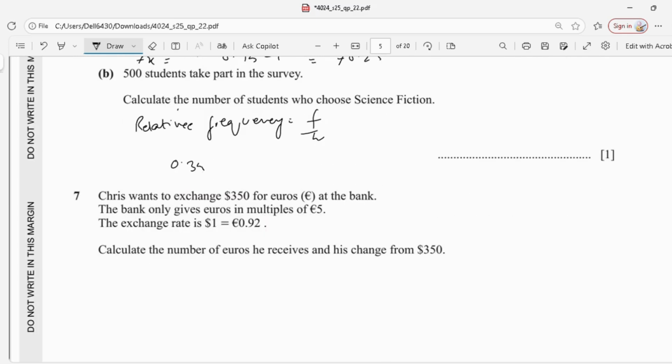So f would be 500 into 0.35, that is 175. So the number of students who choose science fiction is 175.